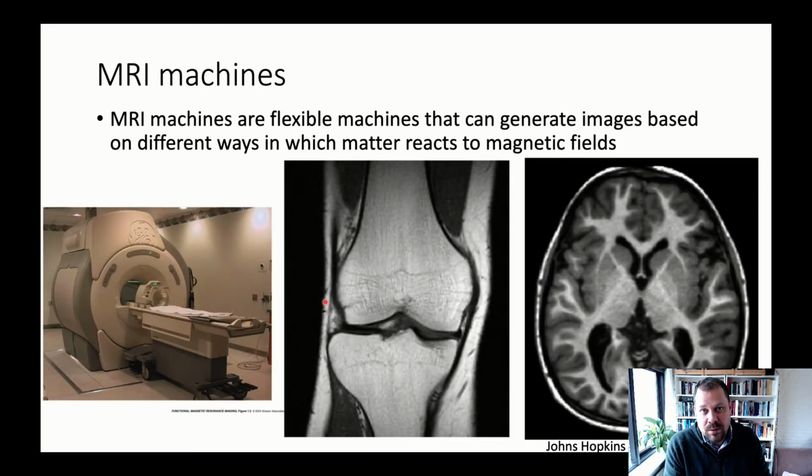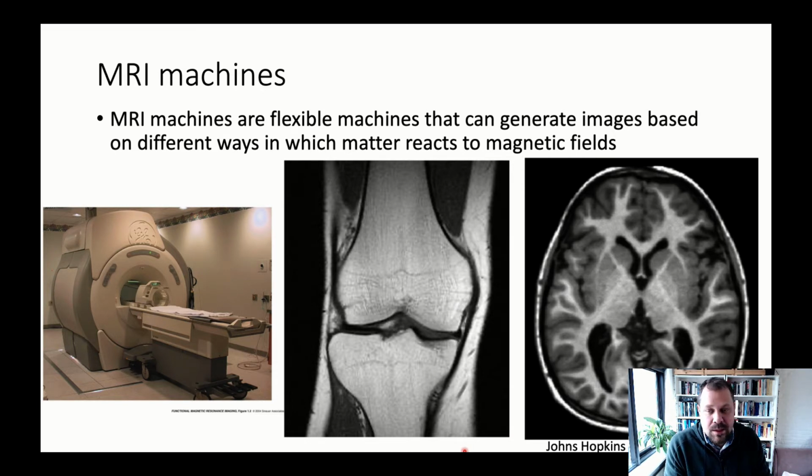So you could also look at hearts while they're moving or lungs while they're breathing. So this is one of the cool things, that we can look at all sorts of tissue types, all sorts of body parts, and assess them using MR.